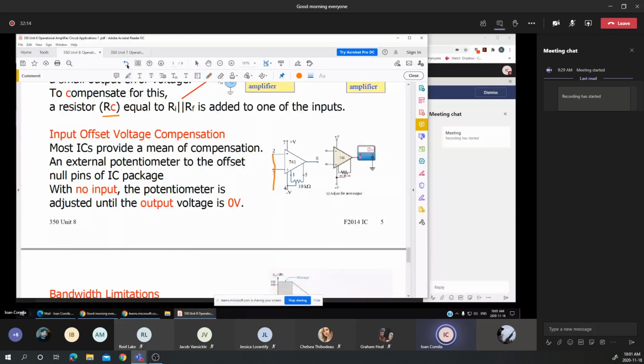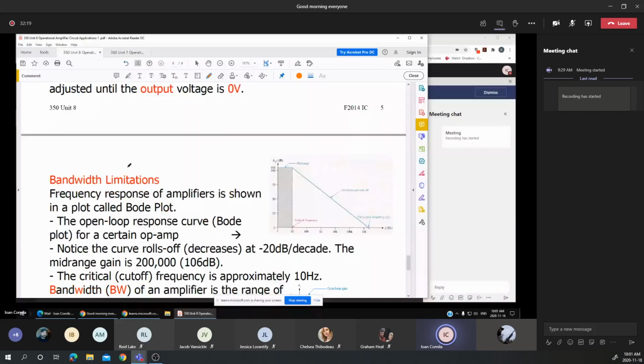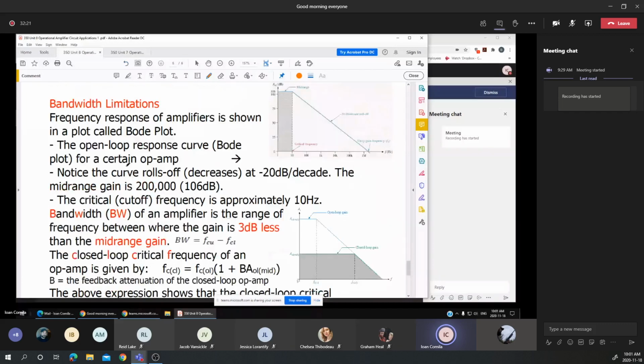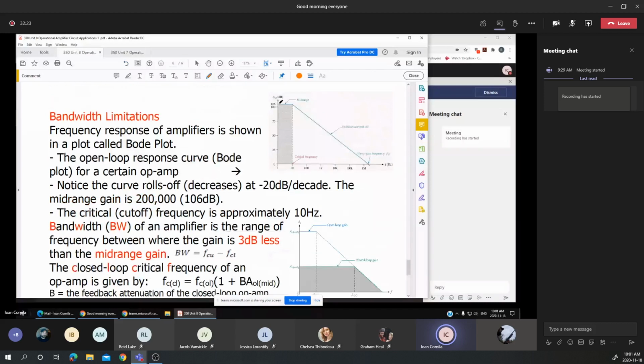Now, another topic at the end of this lecture. I was introducing the product between the frequency and the gain. Just to clarify again, what is the range of the applications in terms of the frequency.